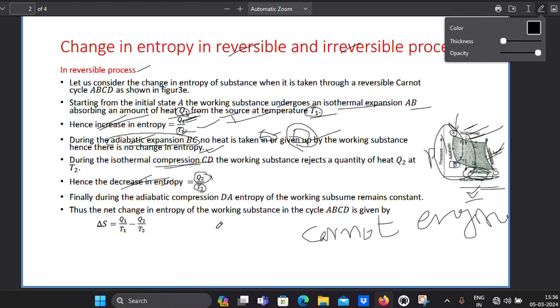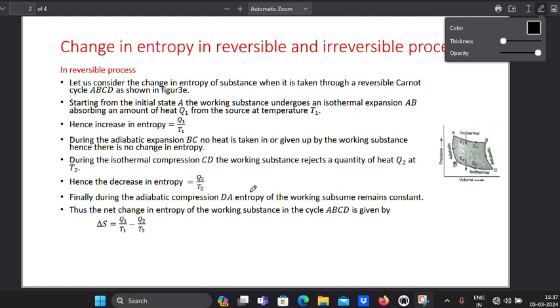Finally, during the adiabatic compression, D to A, moving upward, the pressure increases.